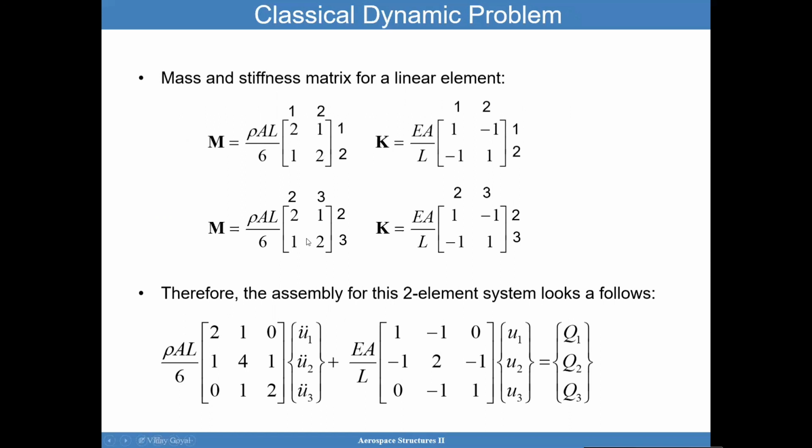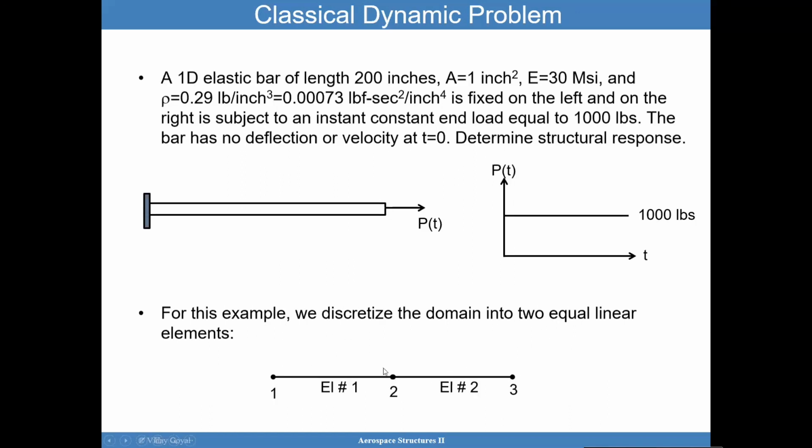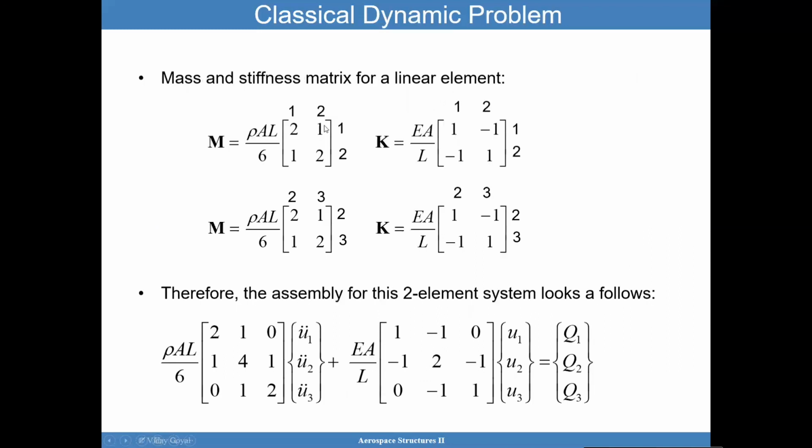For element number 2, I have this as a mass matrix and this as a stiffness matrix. I can then assemble these two elements so they have a common node, and the common node is 2. You can see that there. That degree of freedom is shared across the two elements.